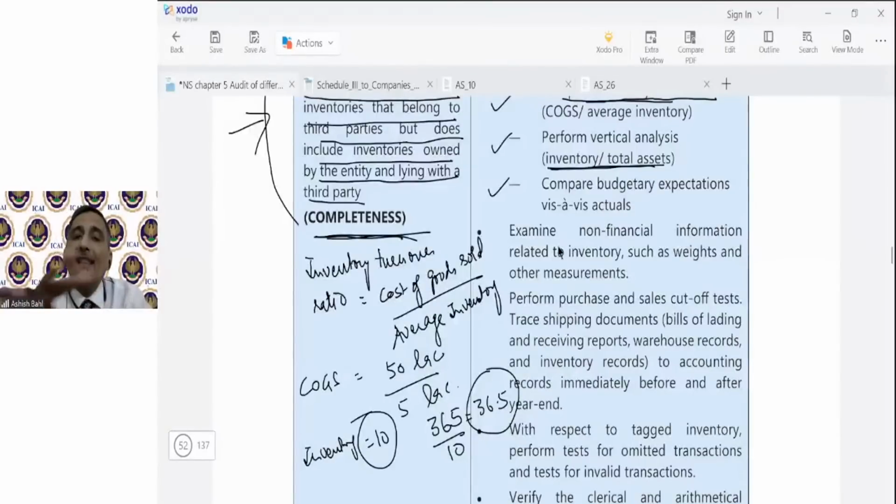But all these things have to be seen in the proper perspective. What is the average inventory turnover ratio for the industry as a whole? It has to be compared with that, not in an isolated manner. Clear, guys?